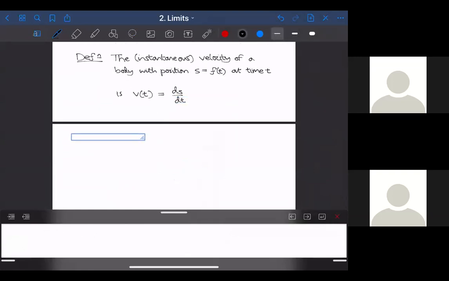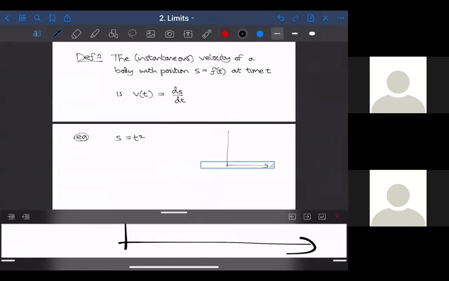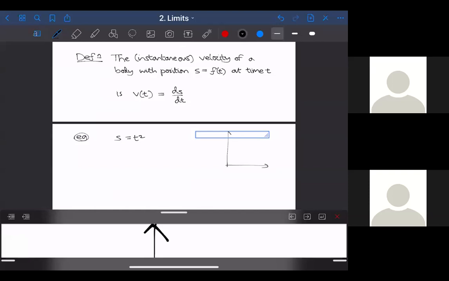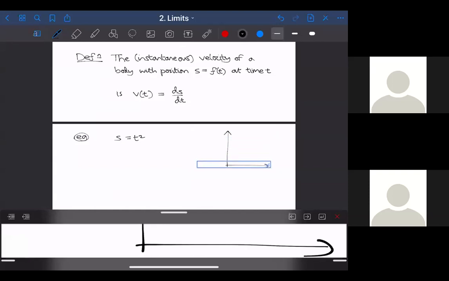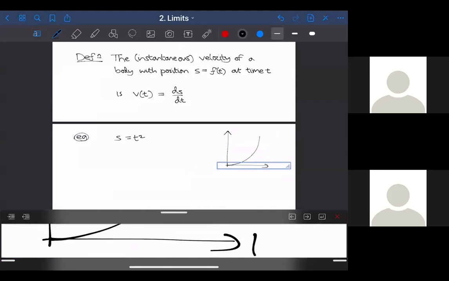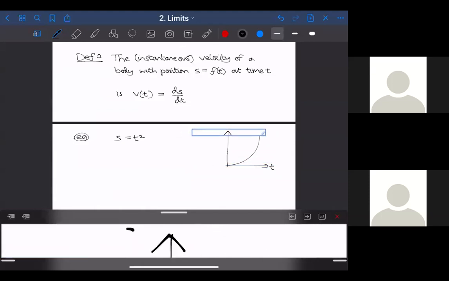So for example, if s equals t squared, the position of the body is changing, but it's not changing at a constant rate.